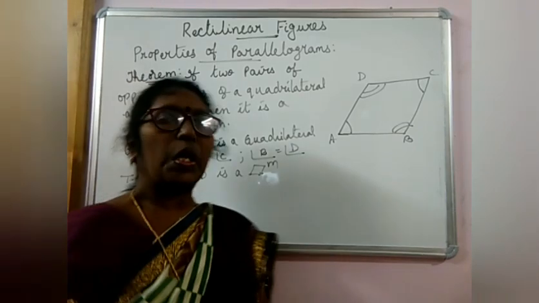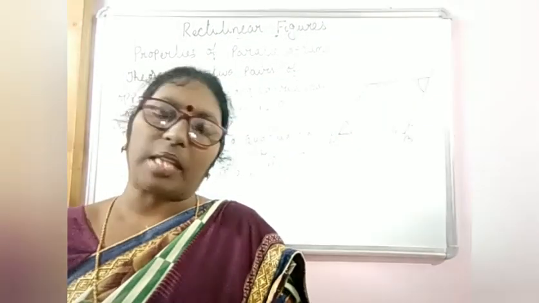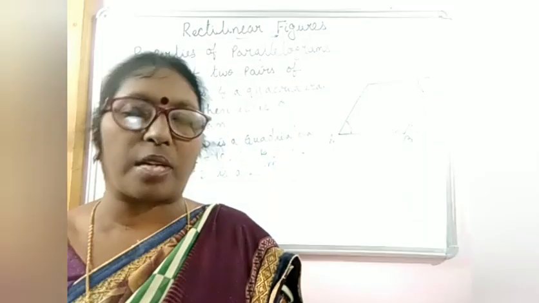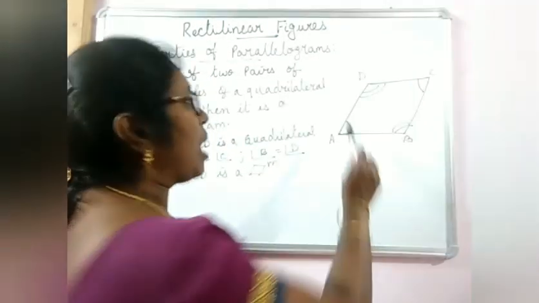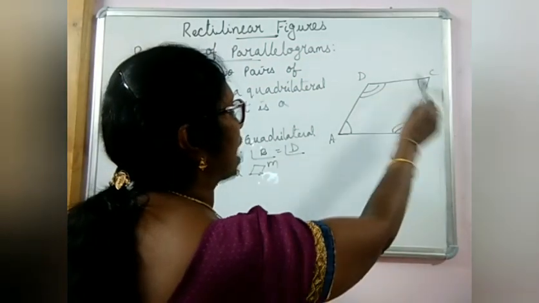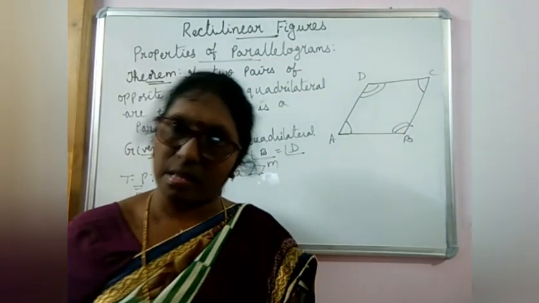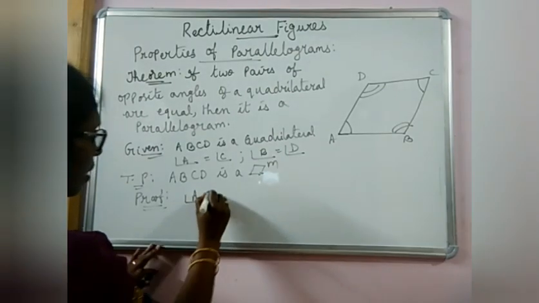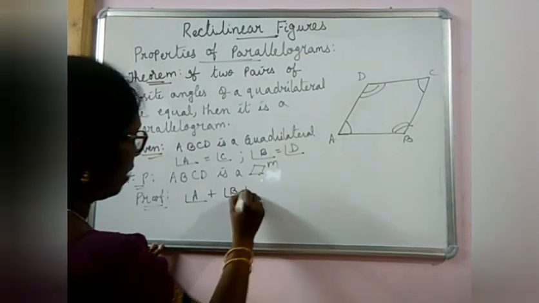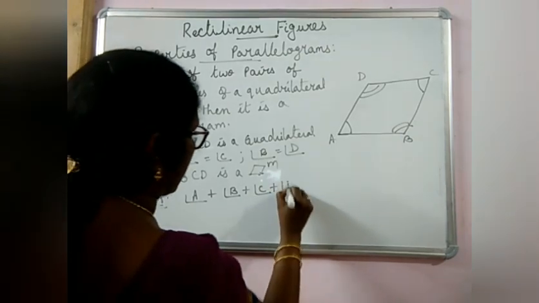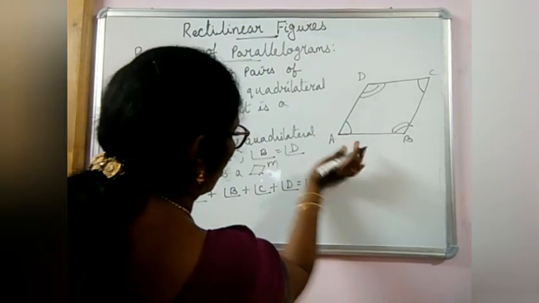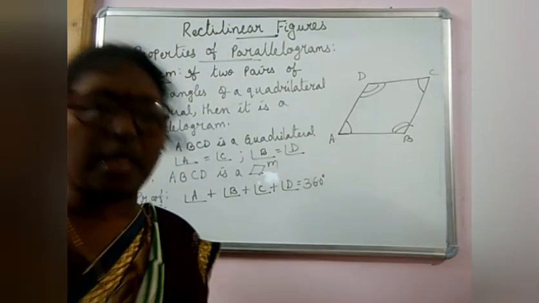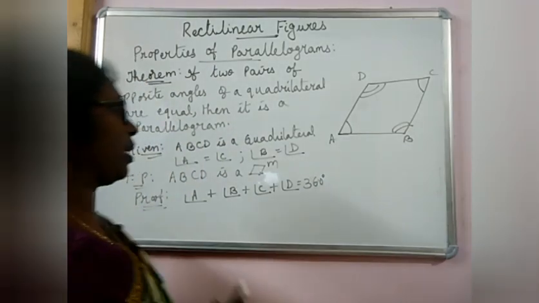Okay? You know that whatever may be the quadrilateral, the sum of four angles of the quadrilateral is 360 degree. Angle A plus angle B plus angle C plus angle D is 360 degree.